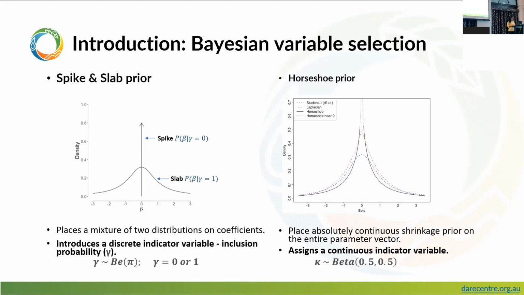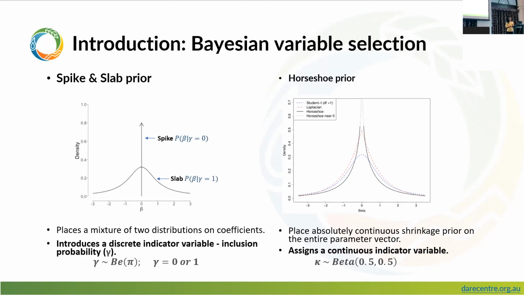The spike assigns the coefficient to be exactly 0 to represent noise, and the continuous slab represents the signals.